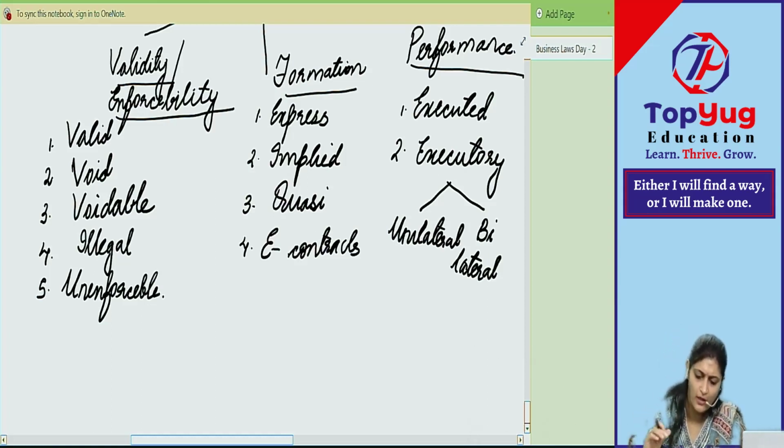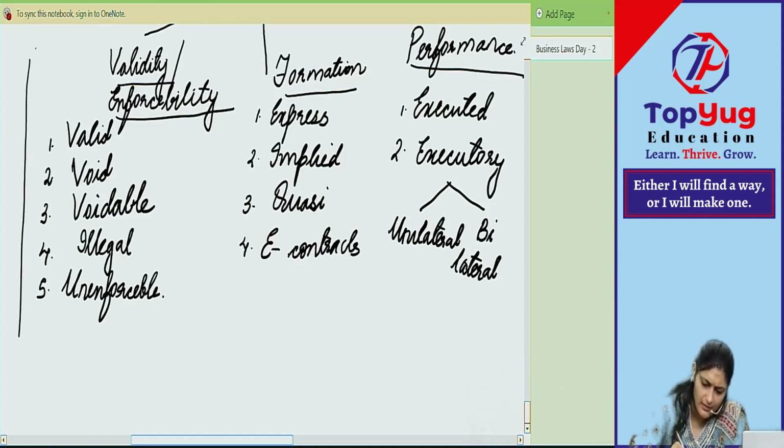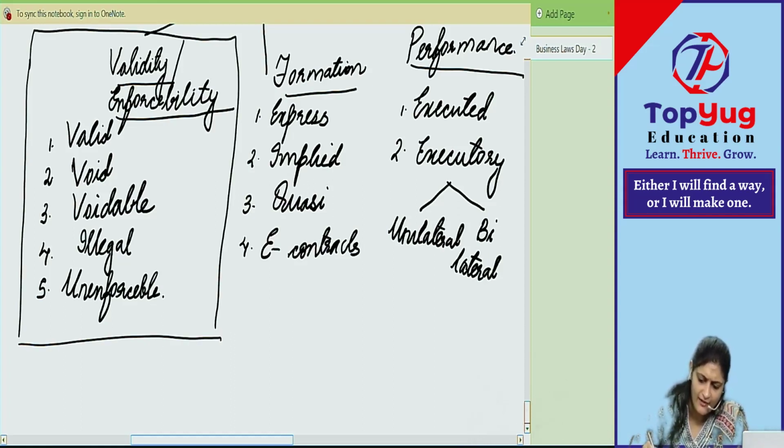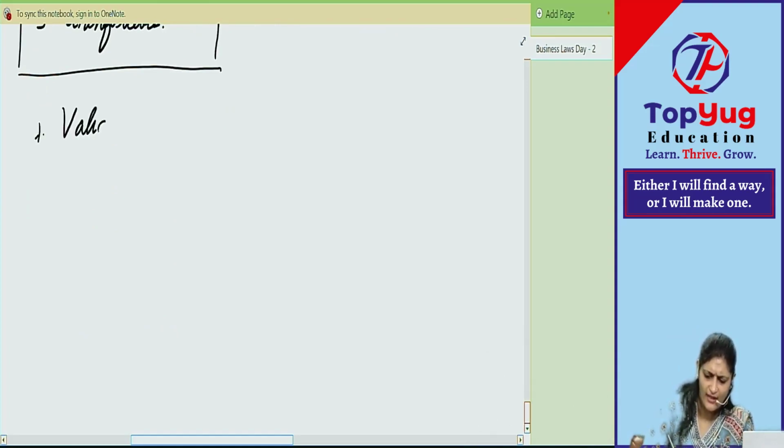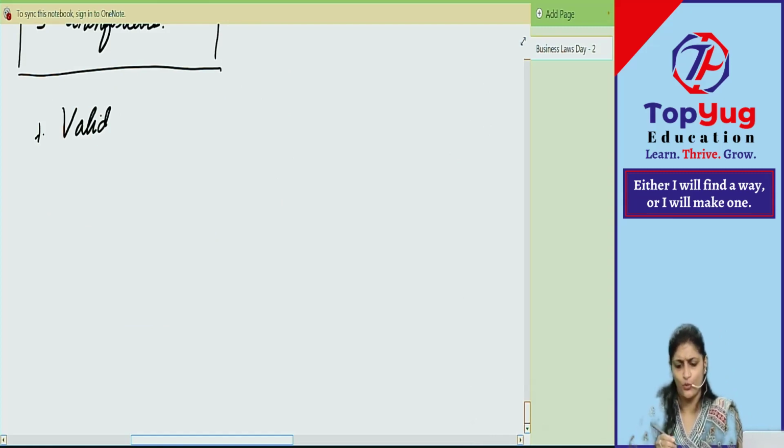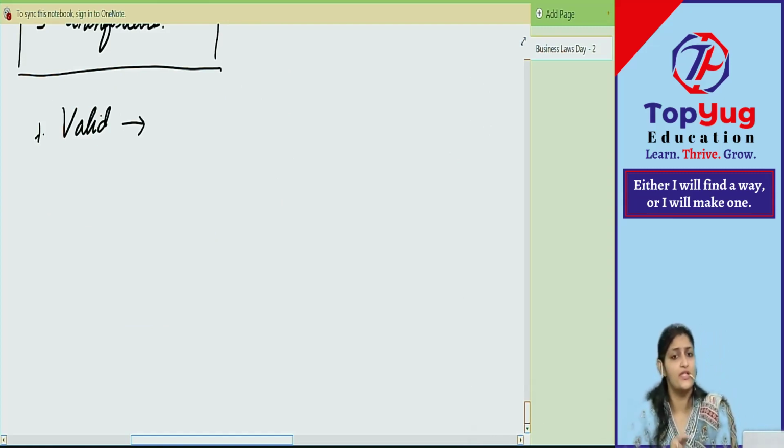Let us see the first one now. Let us start with the types of contract based on validity, that is, enforceability. First one is the valid contract. The name itself is telling you: any contract which is enforceable by law is a valid contract.